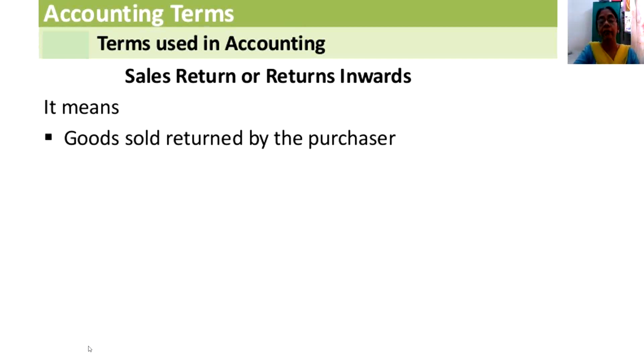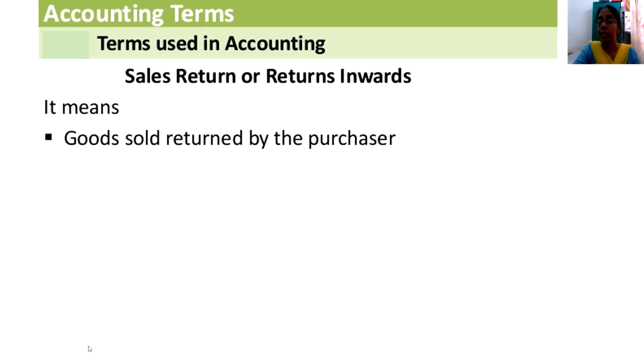Now after selling, if the customers feel that you have not supplied them with a proper category of the goods, they also will have the tendency to return it to you. So these kinds of goods, what you have received on the return basis is what you term them to be sales returns. So sales returns are also popularly known as returns inwards.